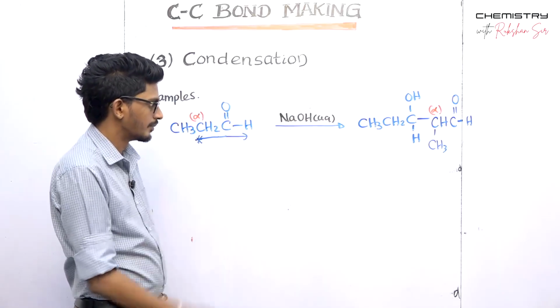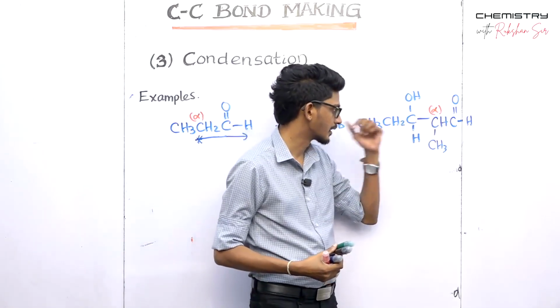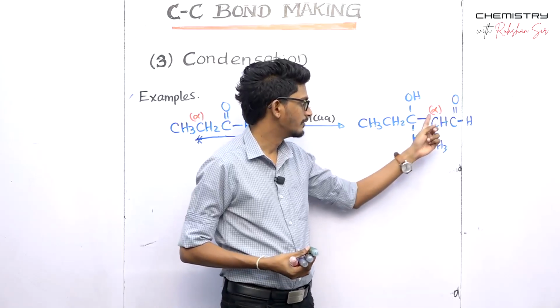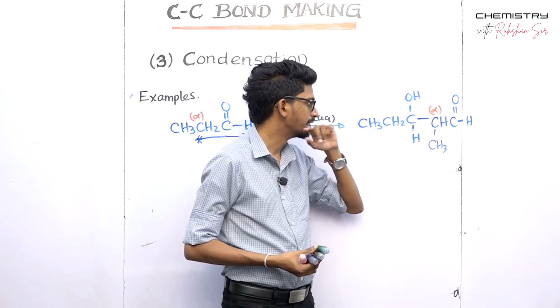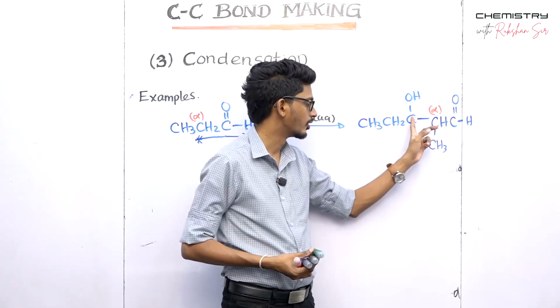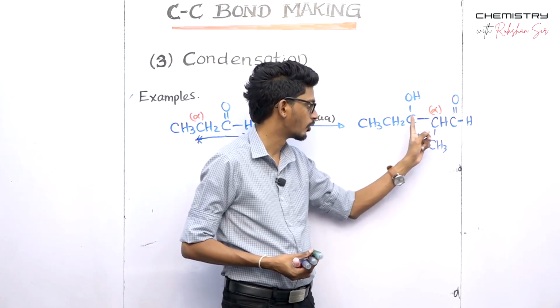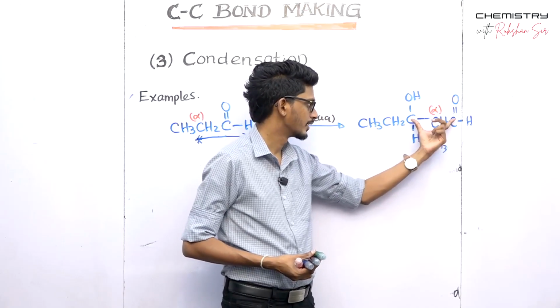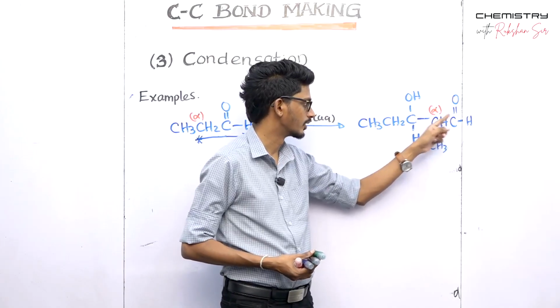If you had written the product correctly, you could clearly see only one carbon which connects the aldehyde carbon and the ol carbon, which is the alpha carbon. Only one carbon appears between the two to connect them.